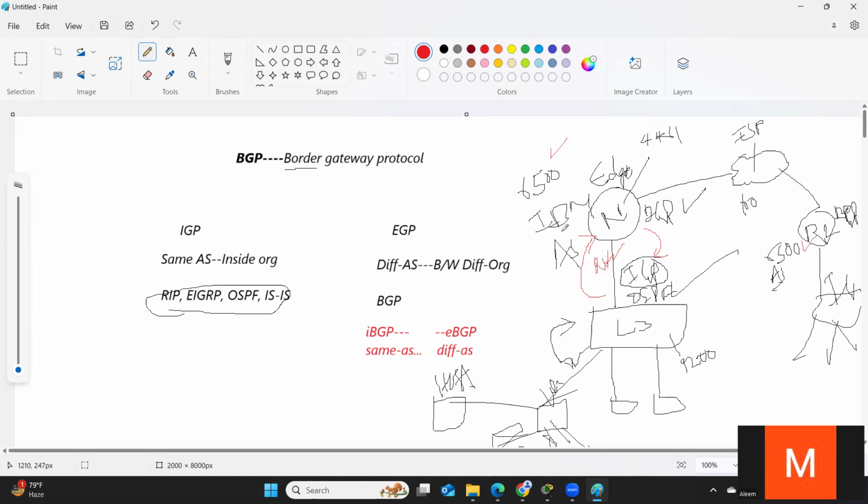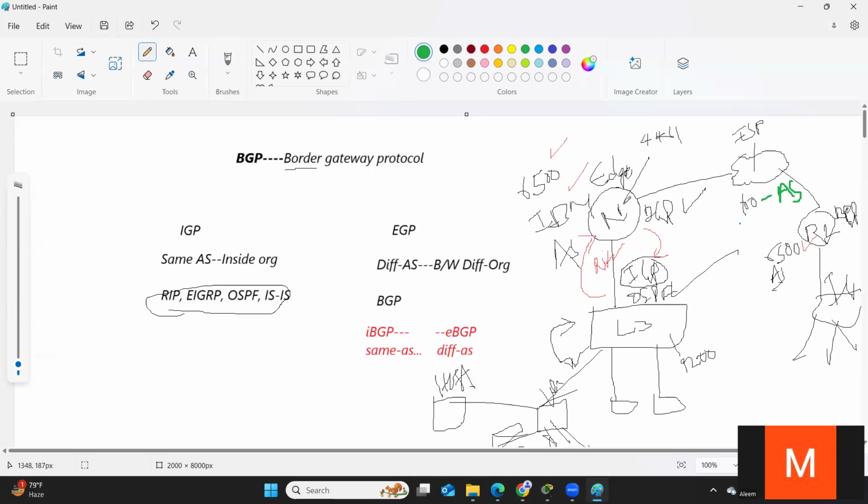Even though we have different locations, the branches, at that time also we'll use the same AS, because we want to communicate within the organization network, that is IBM. For that, we have to transfer the traffic over the internet. Here a different AS concept will be required, so different AS numbers are required.